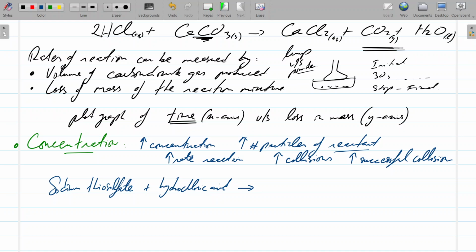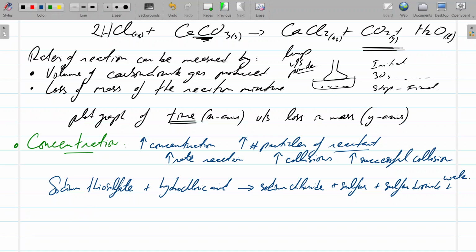And that gives you sodium chloride, and sulfur, and sulfur dioxide. So there are a few things forming here: sulfur dioxide and water. Right, so all of that.